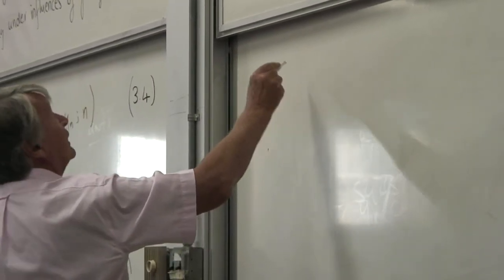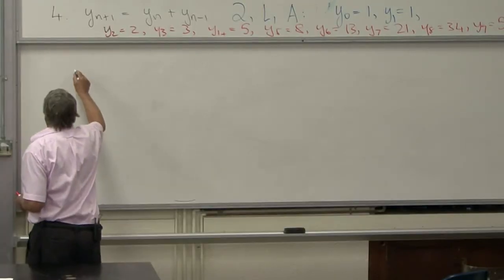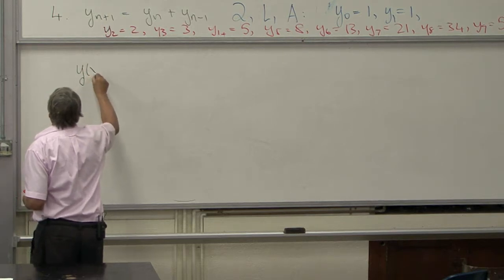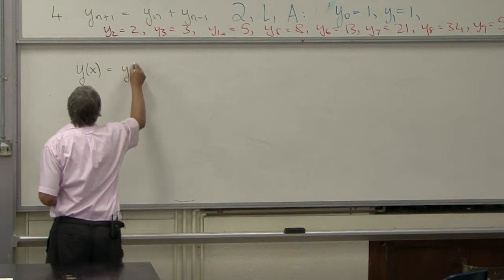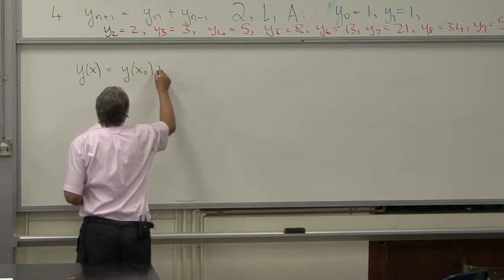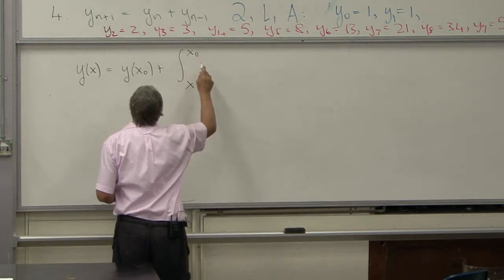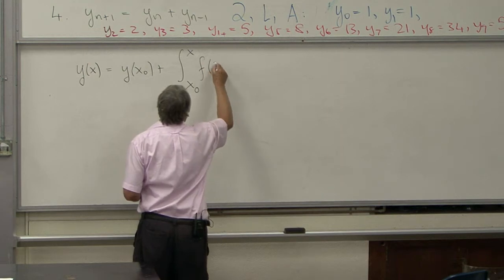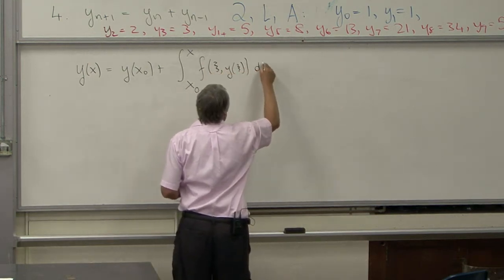If I integrate this equation up here, starting from the point x0, I get y of x equals y of x0 plus the integral from x0 up to x of f(c, y(c)) dc.